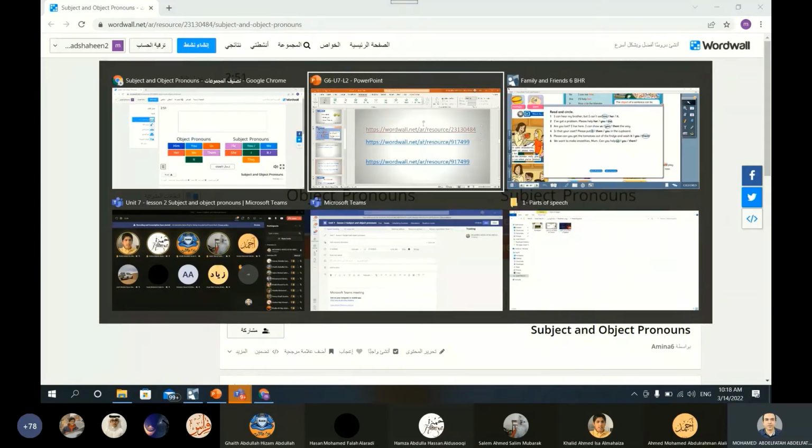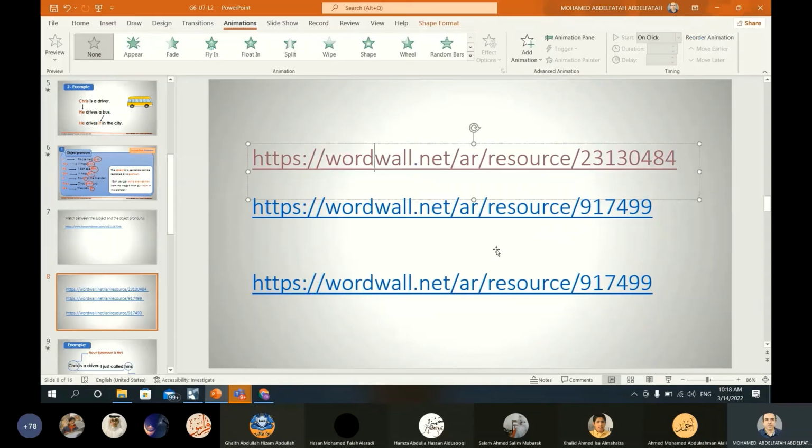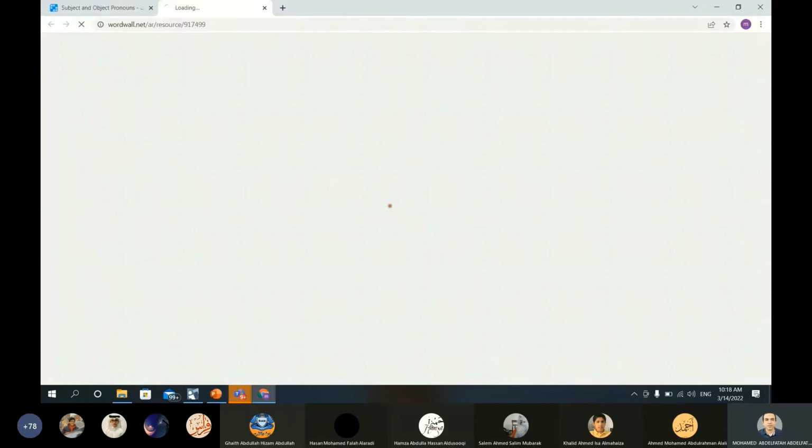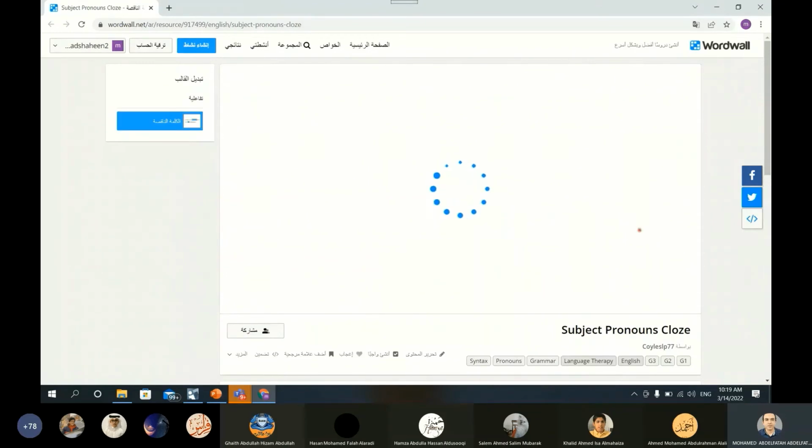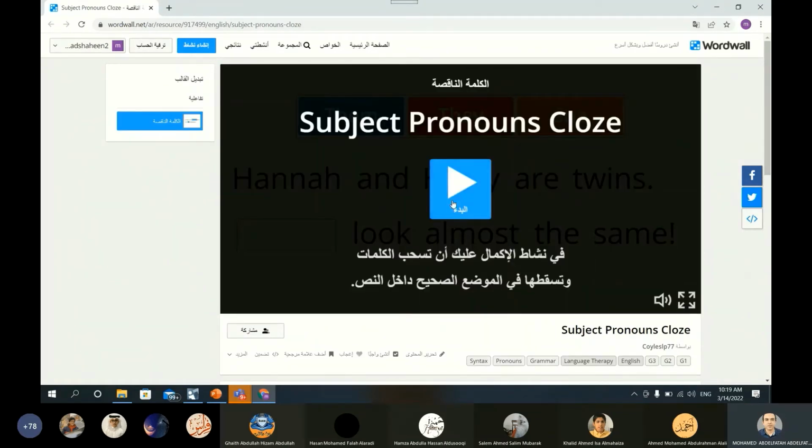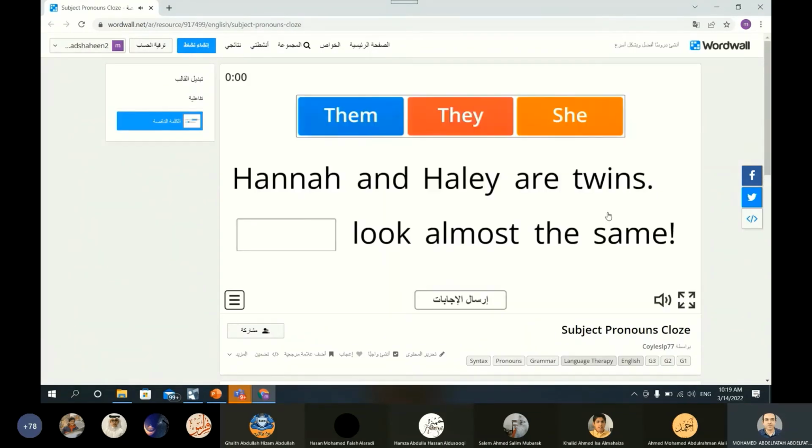So now, students, let's go to another activity. It's also using the word wall. Here, students, it's level 2 and exercise 2.